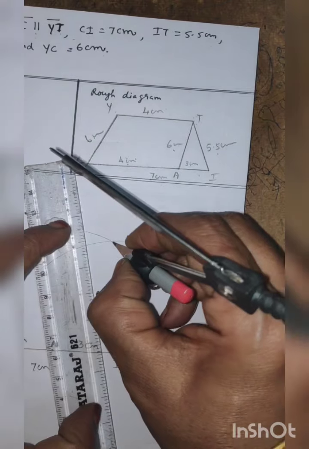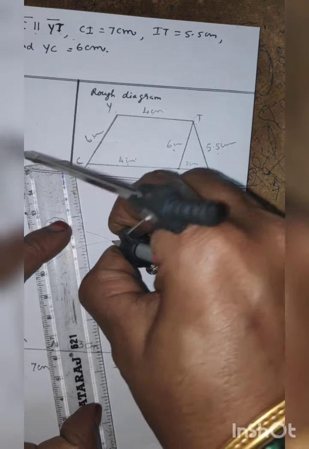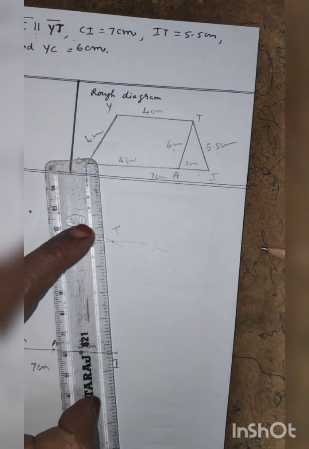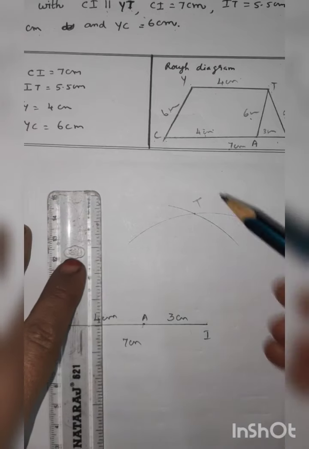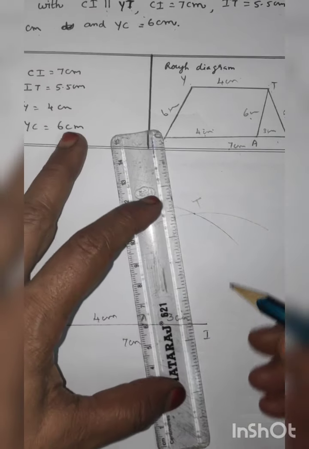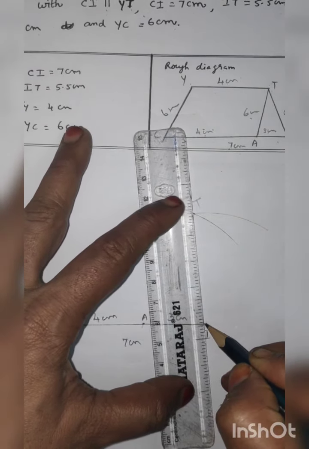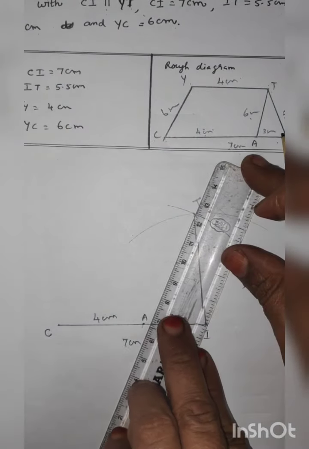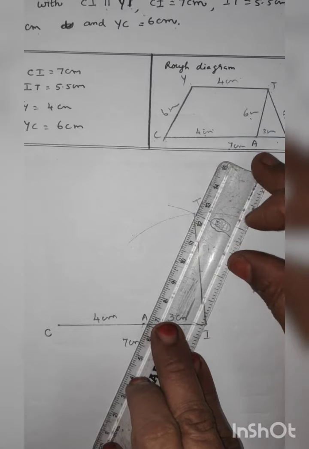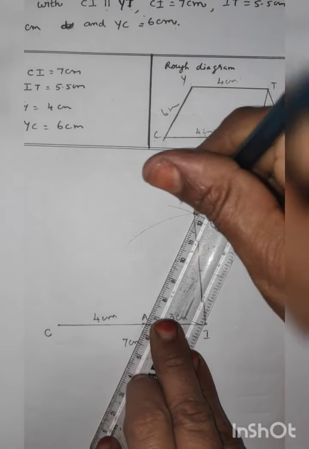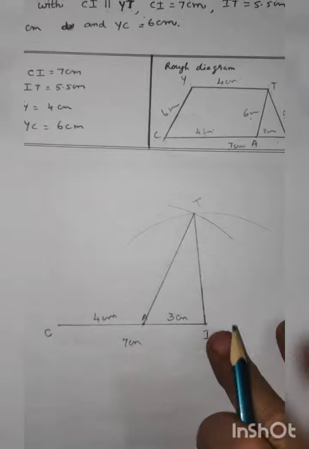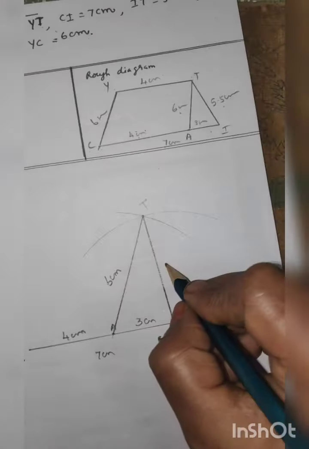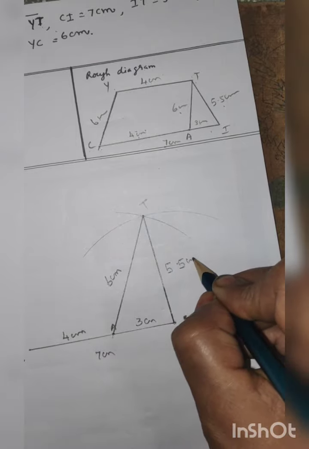Now this meeting point, you keep the point and write T there. Right, after that join I and T, I point and T point. Next you join A and T. Right after, here you write 6 centimeter, here write 5.5 centimeter.